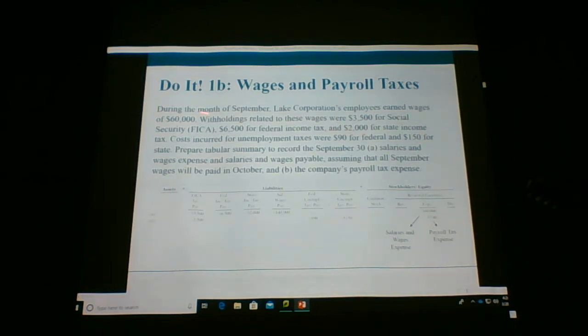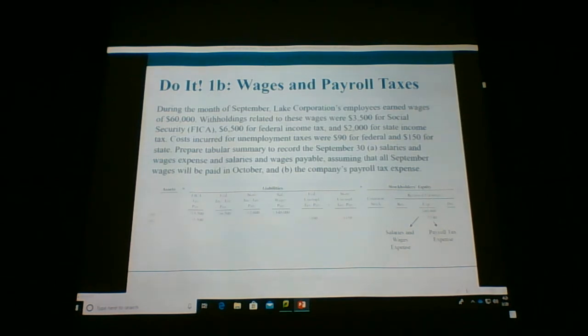This $2,000 is a part of this $60,000 obligation. Okay. However, moving down, it says costs incurred for unemployment taxes, $90 for federal and $150 for state. Both of these are strictly on the employer.